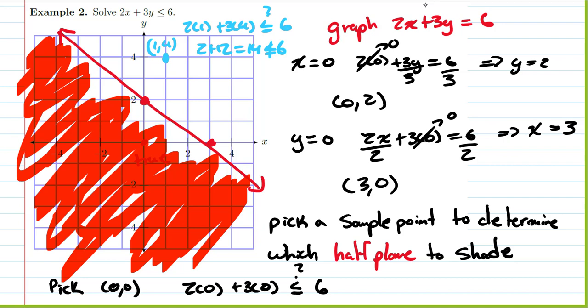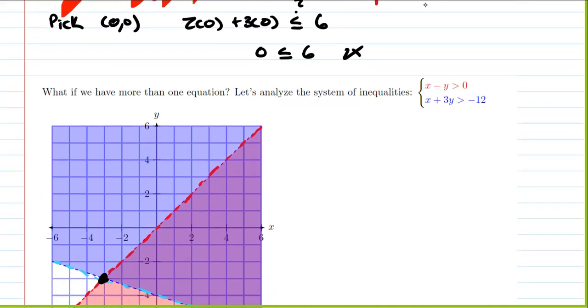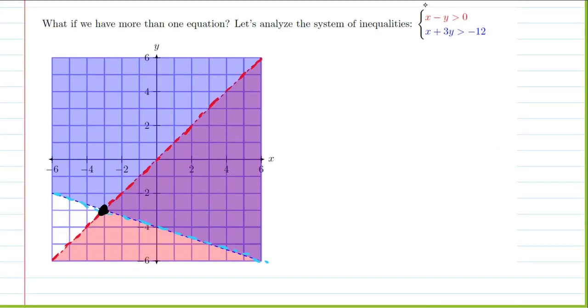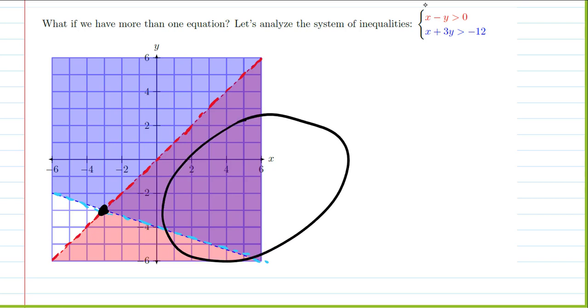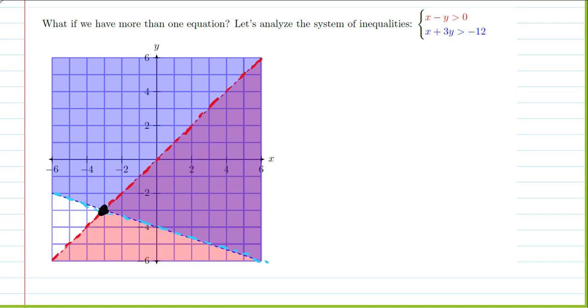So in this one, the solution to 2x plus 3y is less than 6 was this whole red chunk below the line. Well, up here, we get something similar, and I've graphed each of them, so red and blue. So the red solution was everything below the line, so everything down here, and the blue one was everything up here. But we need both of these inequalities to be true.